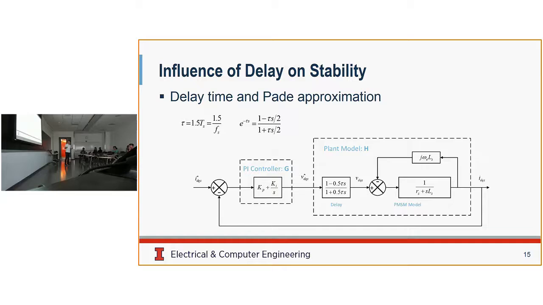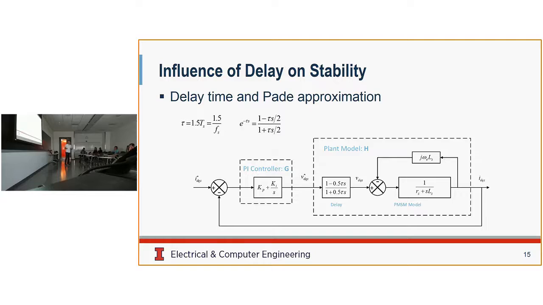About the gain tuning, we see that a high gain achieves better performance, but with that modeling, we didn't take delay time into consideration. But in fact, we have delay time in the digital control, which is typically one sampling period. And for the PWM realization, we also add a half period delay into the system.